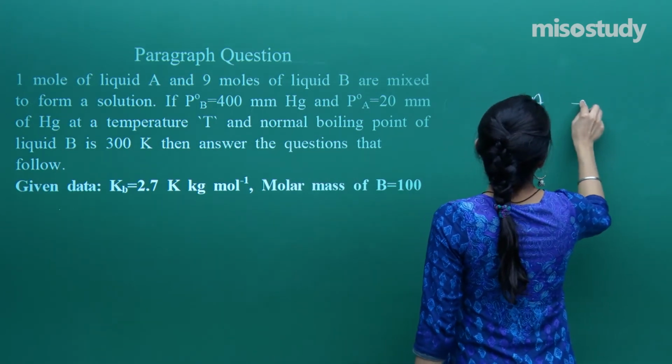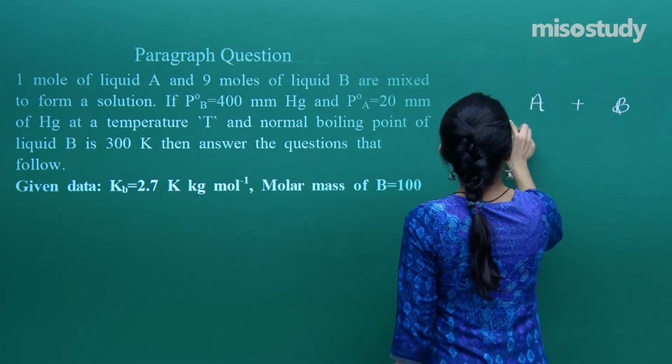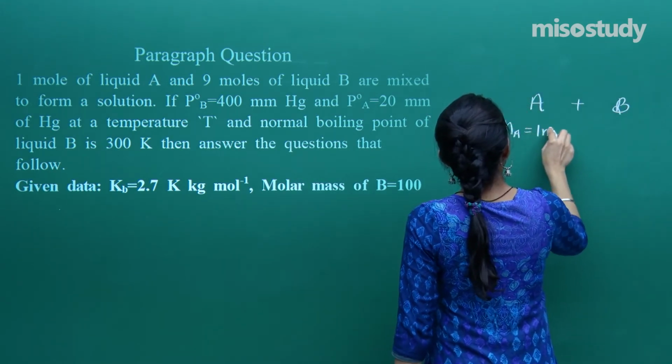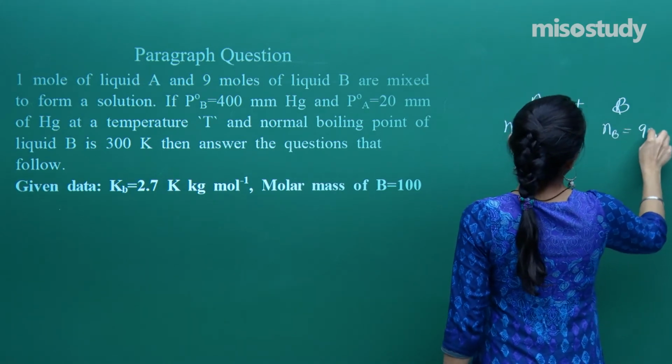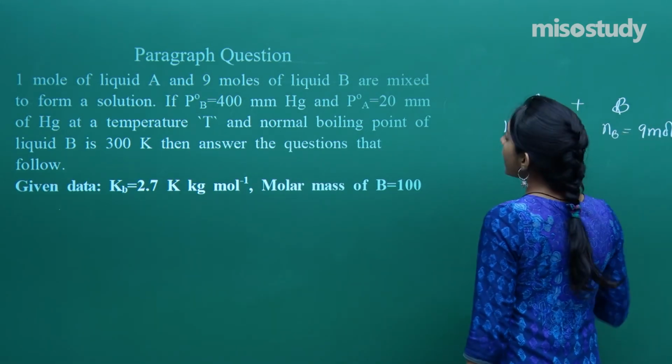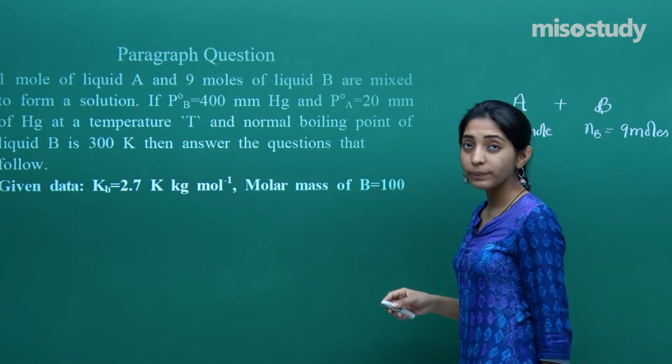So 1 mole of liquid A and 9 moles of liquid B are mixed to form a solution.